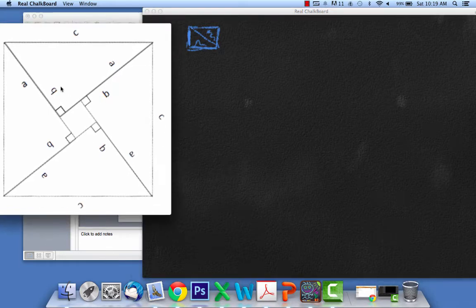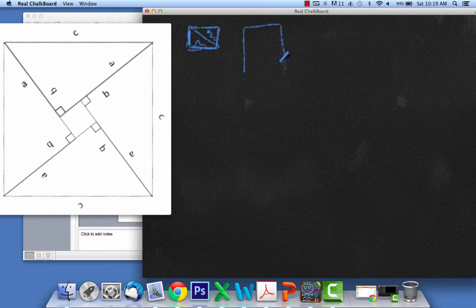So between these, let me make a little copy of this over here. One, two, three, four identical triangles. So from these 4 pieces, we have 4 times 1/2 AB. So we have 2 AB.